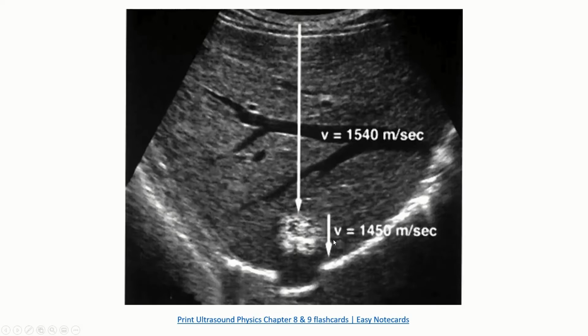That is explained because the velocity in the liver is different from the velocity in the mass. So there is a difference in velocities, and it will take a different time for the ultrasound wave to go back to the transducer. Then that signal is interpreted as an actual difference in distance, so that's why this gap is caused.